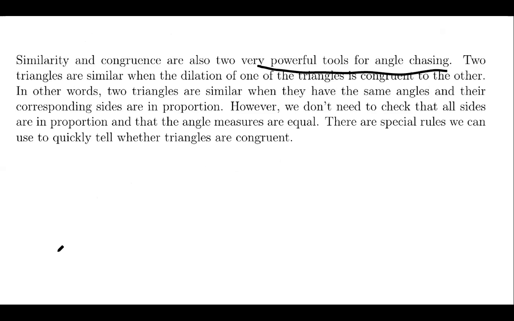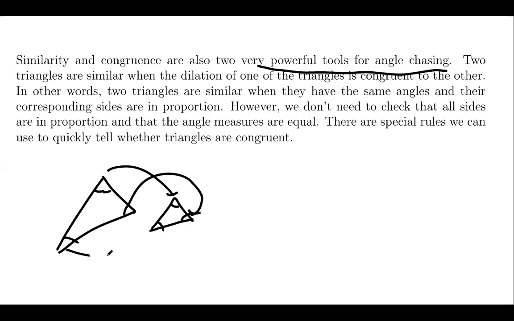So for similarity, two triangles are similar when one is the dilation of the other. In other words, the two triangles are similar when they all have the same angles. So for these two here, they're similar if this angle is the same as that one, if this one is the same as that one, and if this angle is the same as that one. And all of their sides must be in proportion.